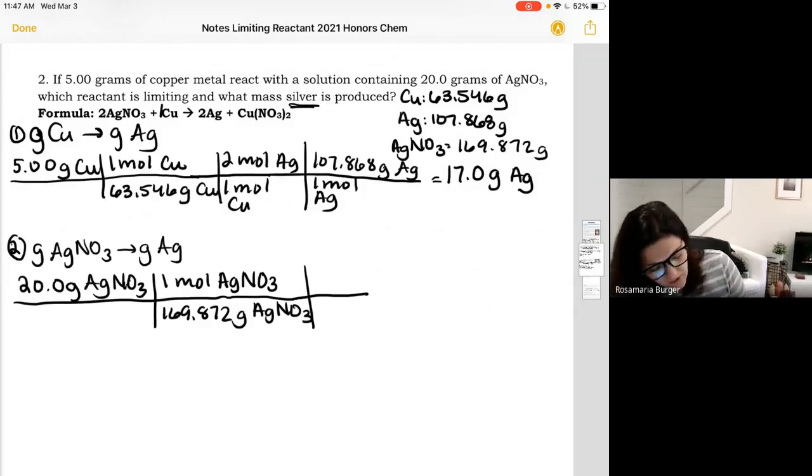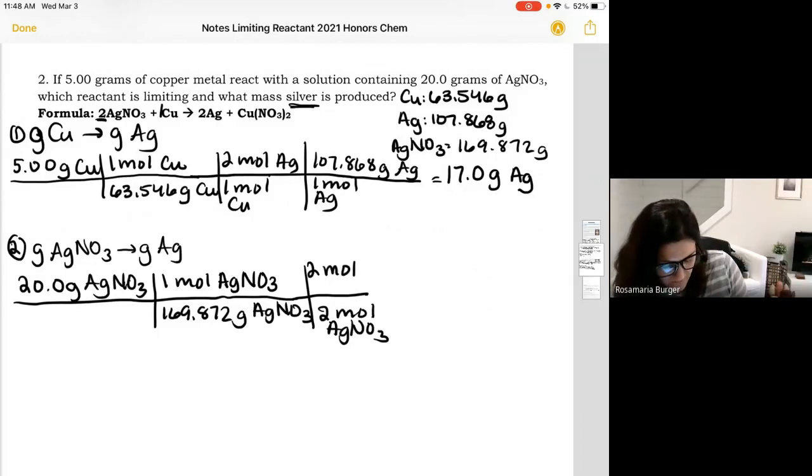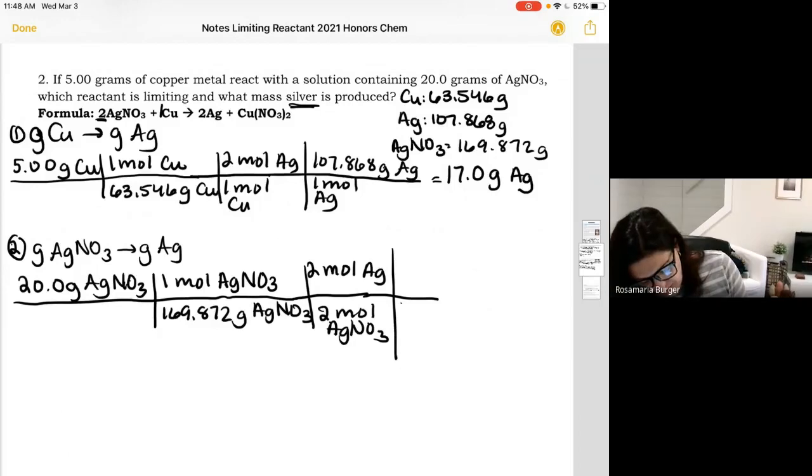Okay, well, my mole ratio is, for every 2 moles of AgNO3, we get 2 moles of Ag. And then for every 1 mole of Ag, you get 107.868 grams of Ag.